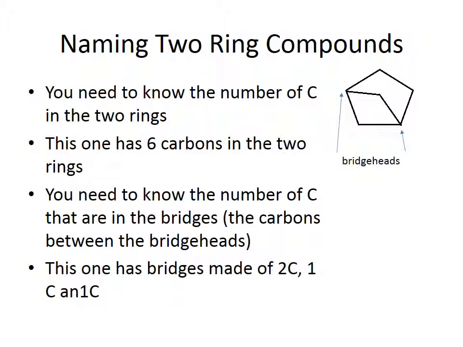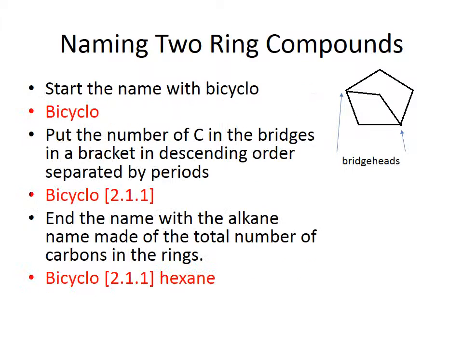And then this is how we go to name it. I start with the name bicyclo. Then I say how many carbons are in each of the bridges, starting with the bigger bridge first. I say 2, 1, 1 for the bridges.